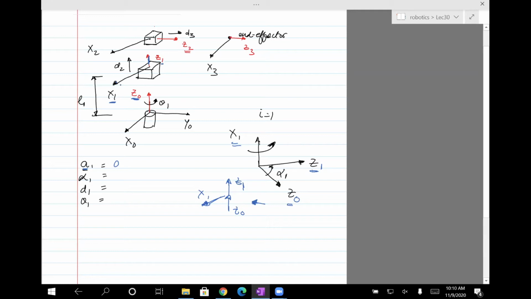Okay, it all looks right. So it's the angle between Z0 and Z1. Z0 is here, Z1 is there, and that angle is going to be the angle by which I rotate, theta 1, right? So it's theta 1.